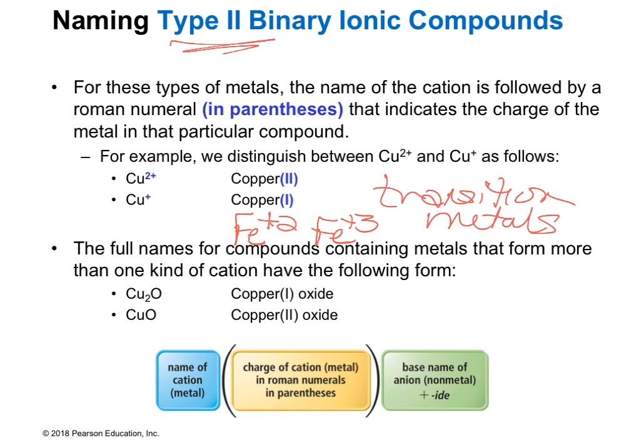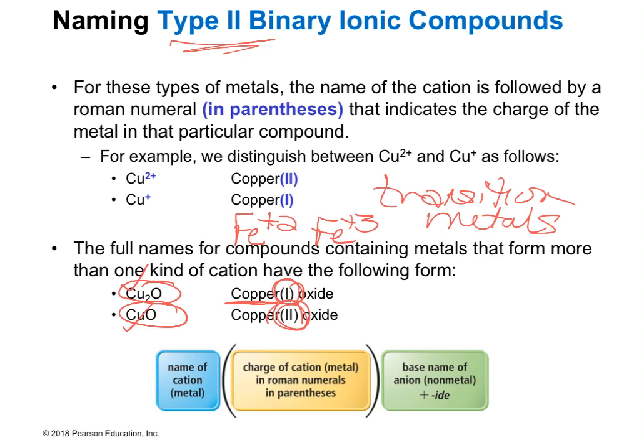So as a chemist or a reader, if you look at the formula for an ionic compound, how do you know what charge, in this case, that the copper has, if it can have more than one? Well, it's going to involve some simple math, but what I want you to understand at this point is whatever the charge is on the transition metal must be shown in the name using Roman numerals, right?